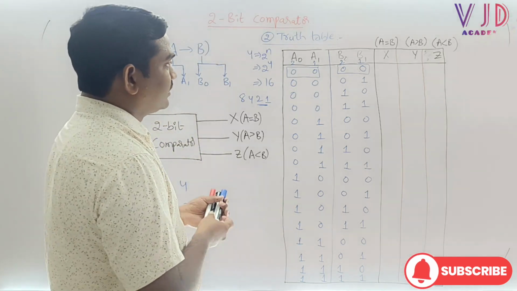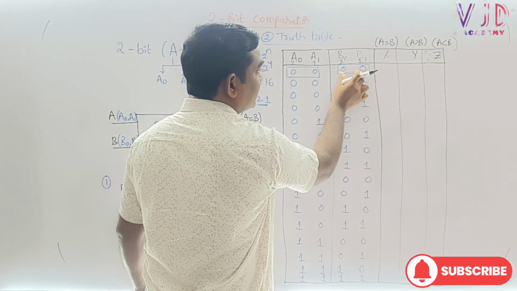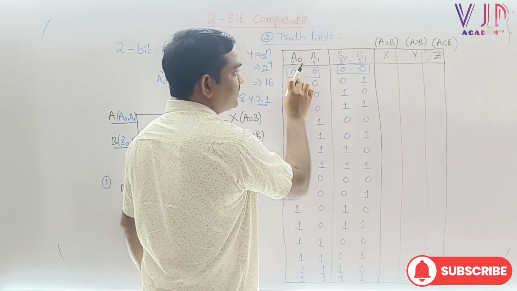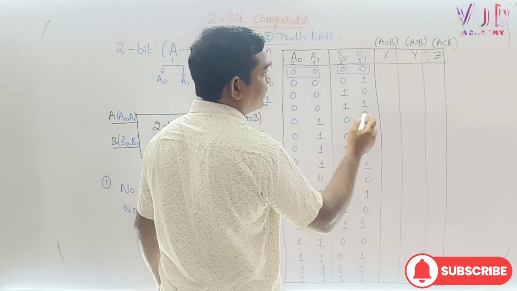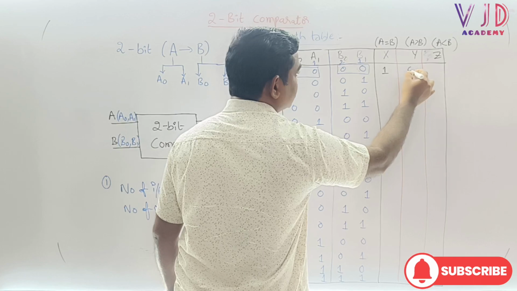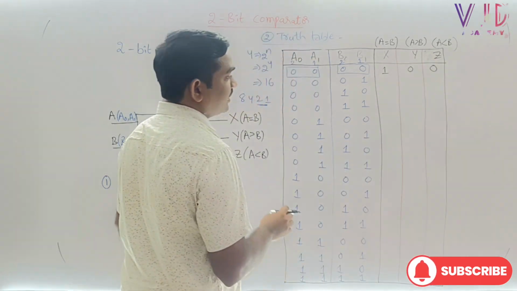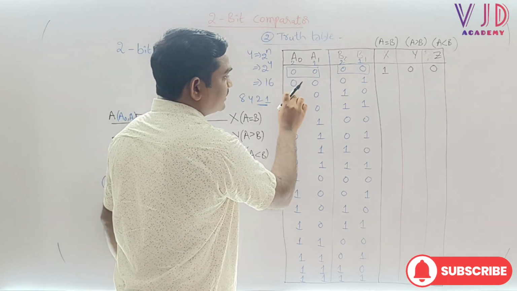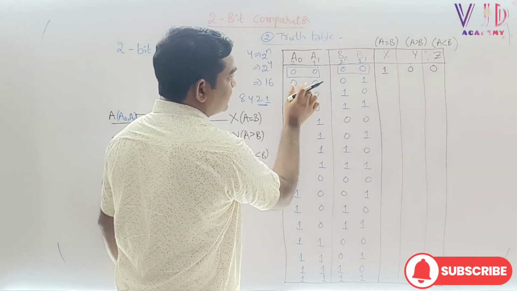So the first comparison is A0, A1 as 0, 0, and B0, B1 also 0, 0, which means A0, A1 weightage is 0, B0, B1 weightage is 0, so both are equal. We can say A equal to B condition. Here there is no A greater than B and no A less than B condition. And now coming to the next one, here A0, A1 both are 0.